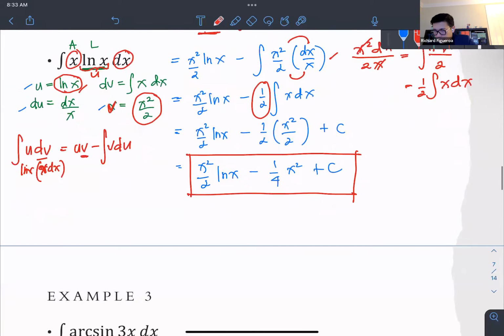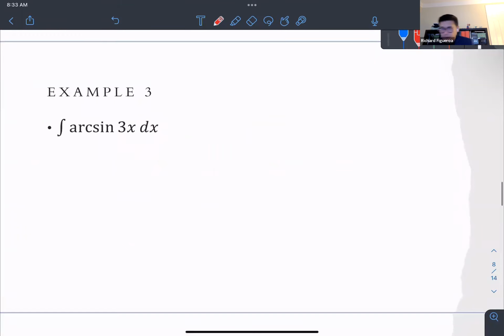So we'll proceed with the third. So let's say it's arc sine 3x dx. Arc sine, that is, this one is inverse trig, di ba? How about this?